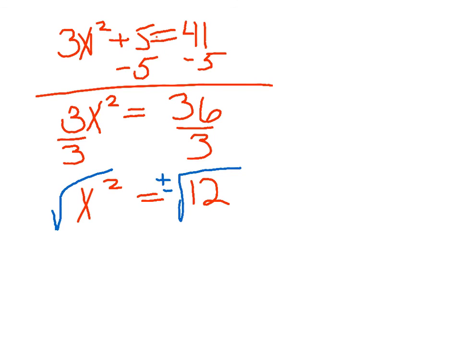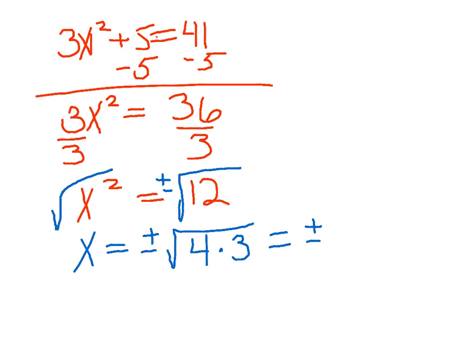And you'll see why in a moment. So, what's the square root of x squared? It's just x. Let's go ahead and simplify the square root of 12, say it's 4 times 3, which would be plus or minus 2 times the square root of 3. Okay.